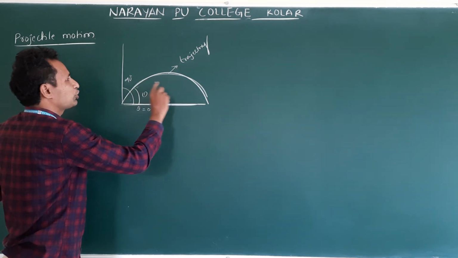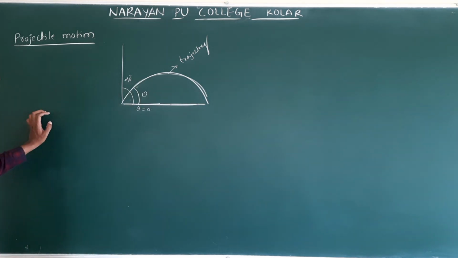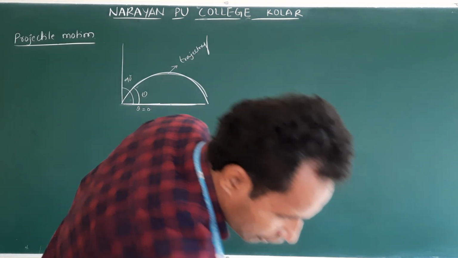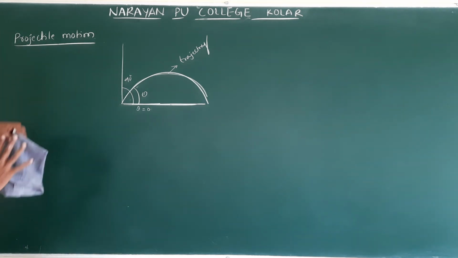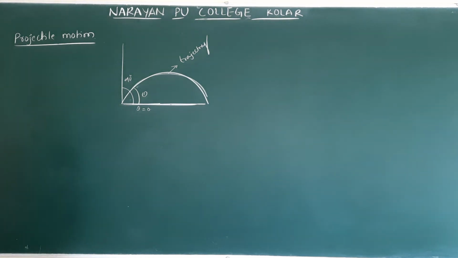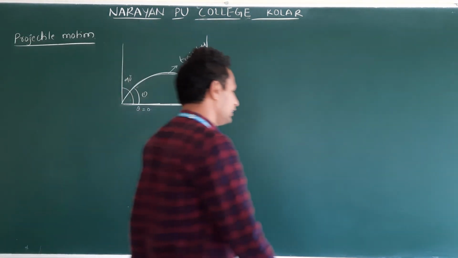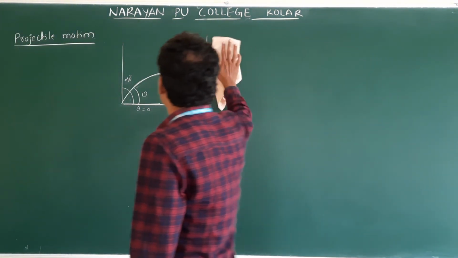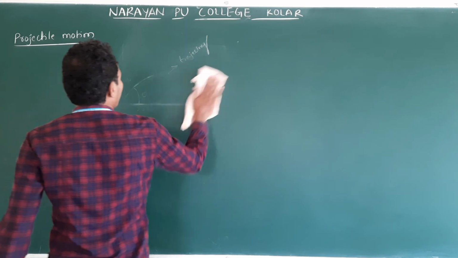For this motion, we are going to find the equation. That we call the equation of a projectile, or the equation of the path of a projectile. So now we are going to see the equation of the path of a projectile.